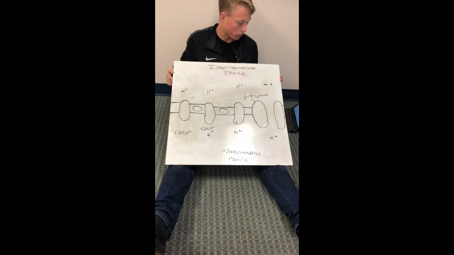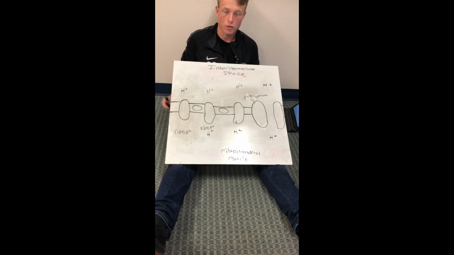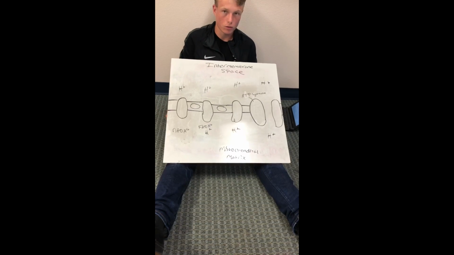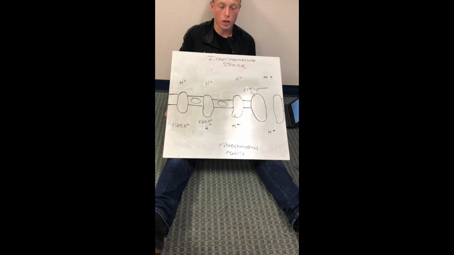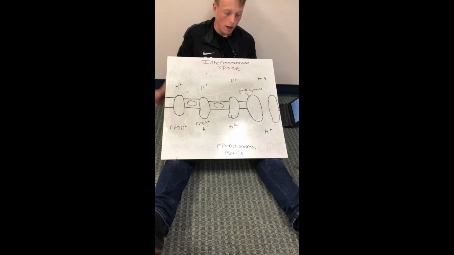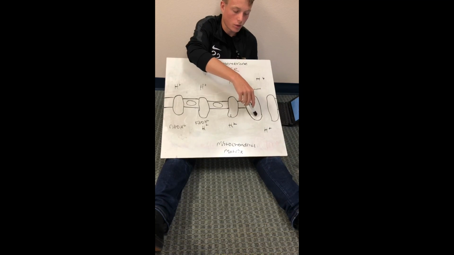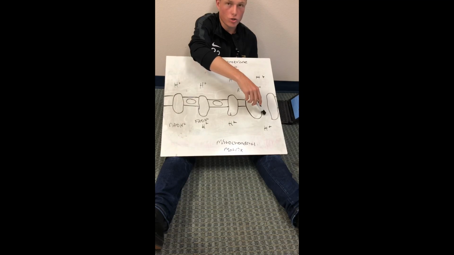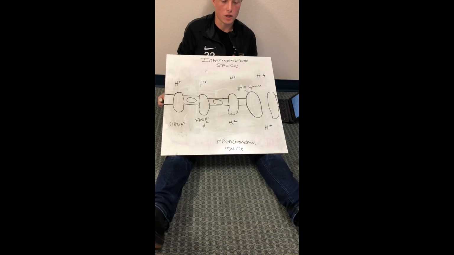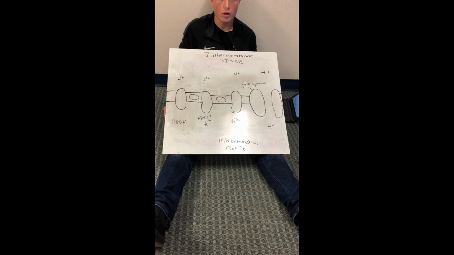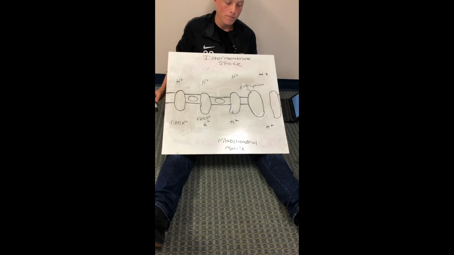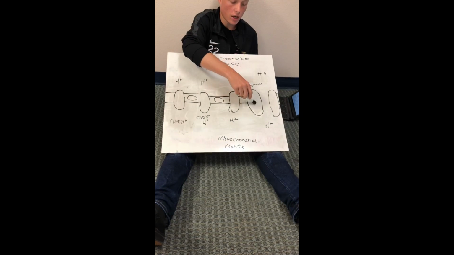They're going to make our final products. They're going to merge with oxygen to create H2O, and out of this whole process we get free phosphates, which are going to combine with ADP, which then creates ATP.